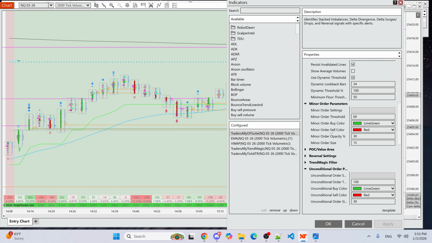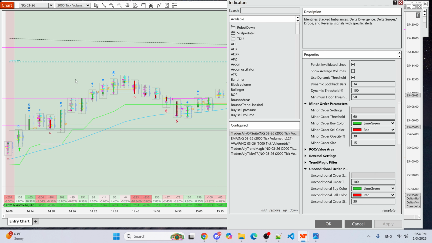And if you look at the screenshots, at the chart on the entry chart, you will notice that large order lines show despite the overall trend.